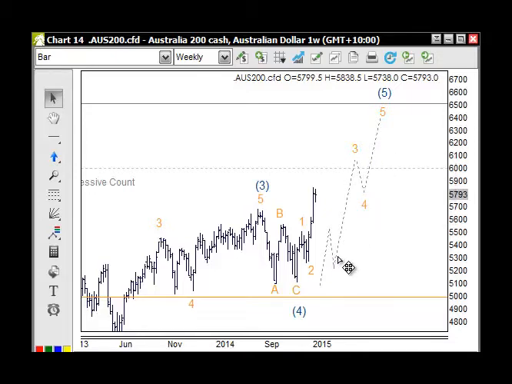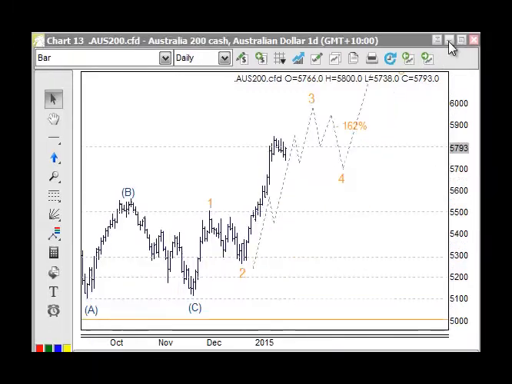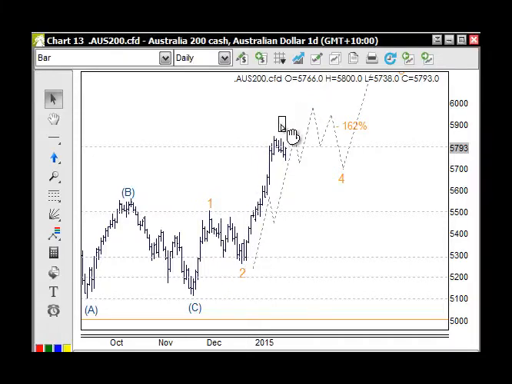So we're in wave 3 here at the moment, so we're looking for 5 waves in wave 3. And I've toyed with this a little bit, and I've gone back over and checked different markets and within the Australian market to try and figure it out. My initial thing was that we were at the top of the third wave here, but I don't think that's the case.